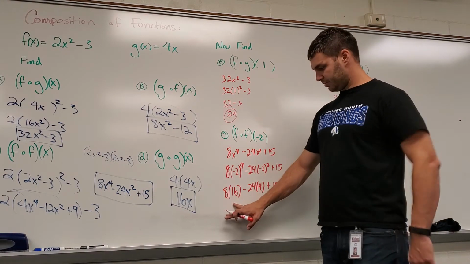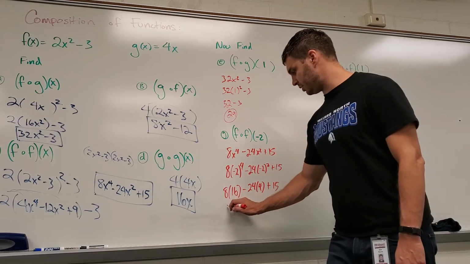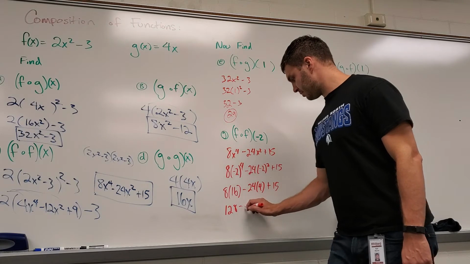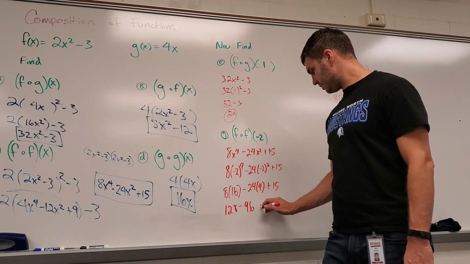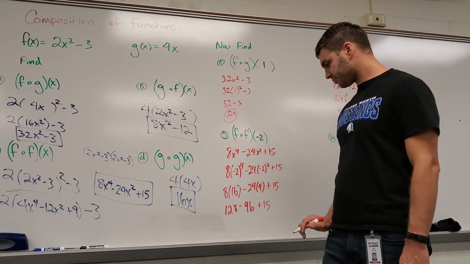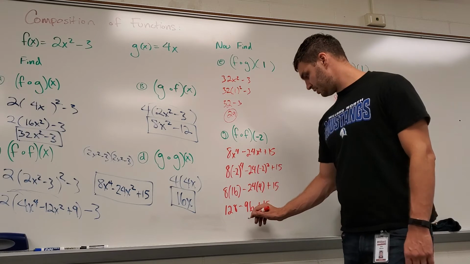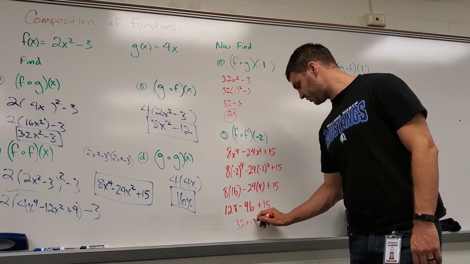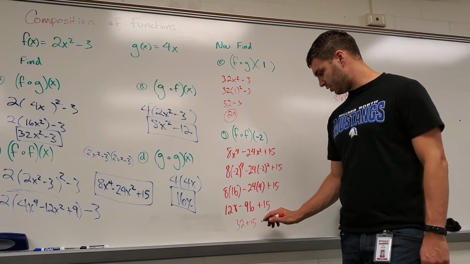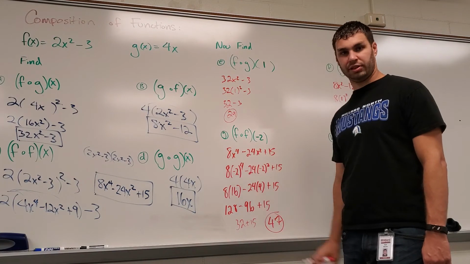So let's see, 8 times 16 is 80, 48, 128, minus 24 times 4 is 96, plus 15. 128 minus 96 is 32, 32 plus 15 is 47. All right, so that gives us 47.